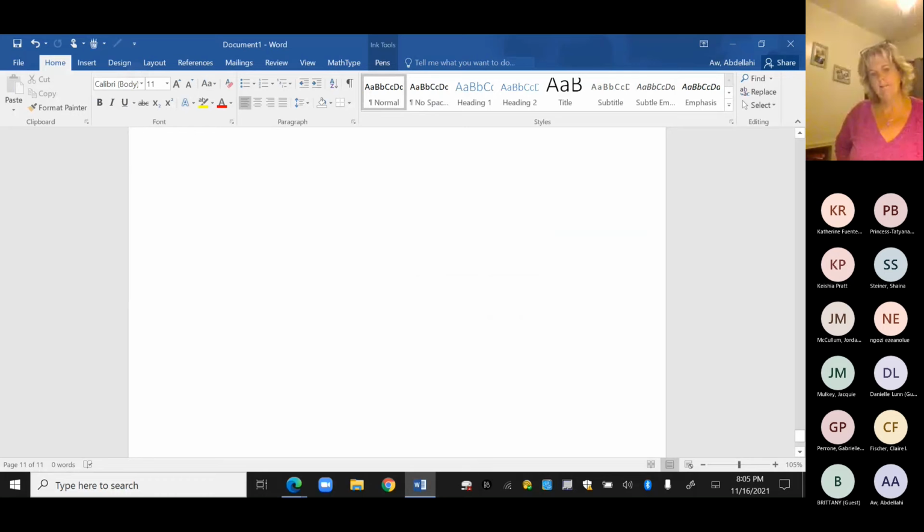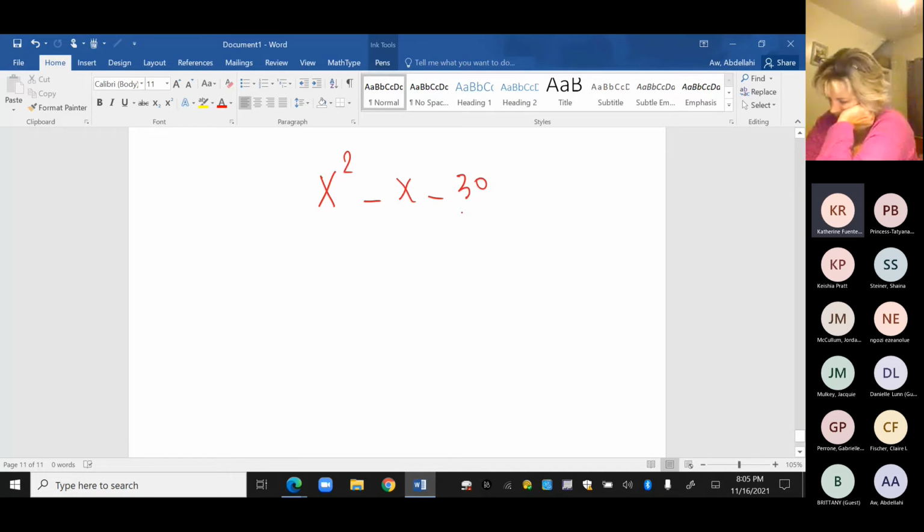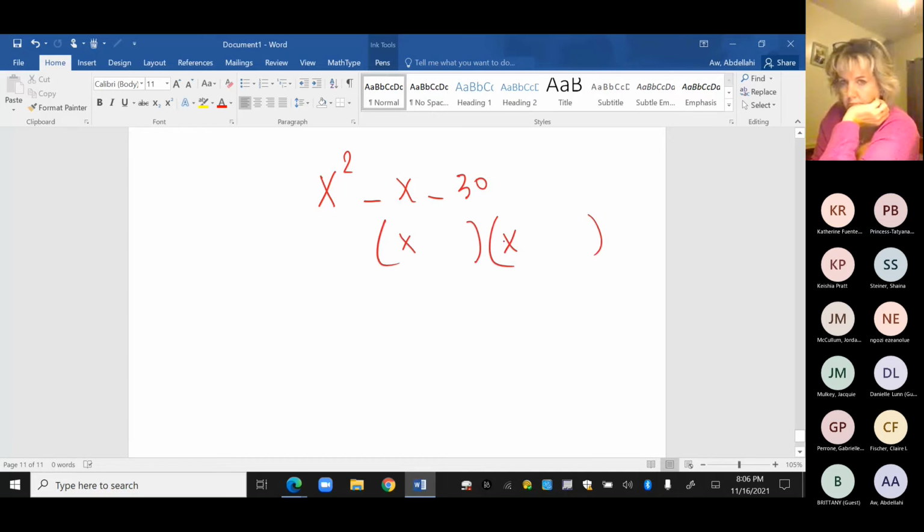A quick survey of the factoring. How do you factor x squared minus x minus, let's say, 30? Somebody tell me, how do you factor this one? Parentheses, x and x.